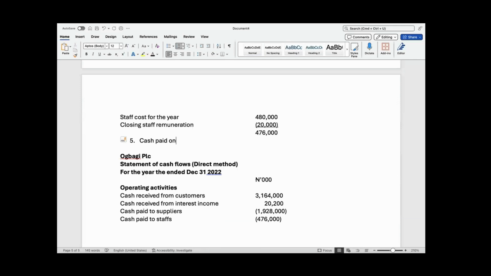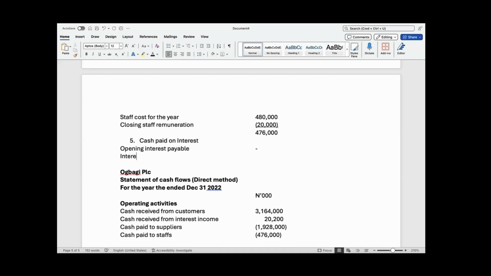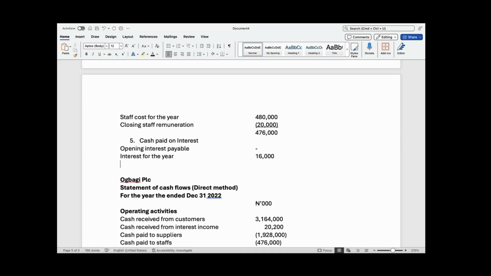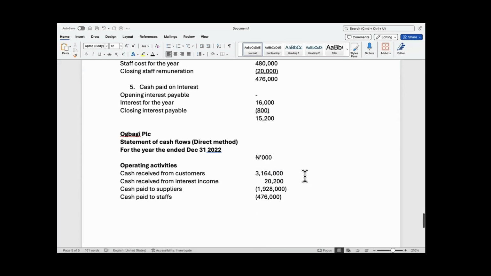Cash paid on interest, or you can say interest paid. My opening interest payable is 0. Interest for the year is 16,000. My closing interest payable is 800. What do you have as balance? 15,200. Yeah, cool. Interest paid.